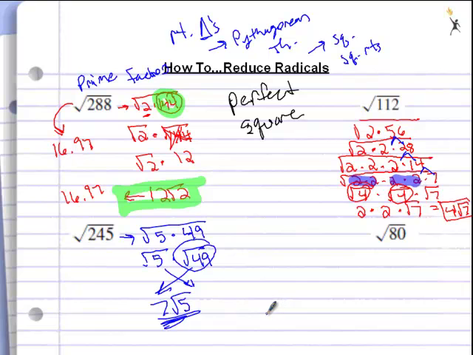Now, if it means backing up and watching all these 3 examples a second time, go ahead and do that. But what you're going to need to be able to do this entire chapter is reduce these radicals, and take a square root problem derived from the Pythagorean theorem in order to solve a right triangle, which, by the way, you're going to be using right triangles the next few chapters also.